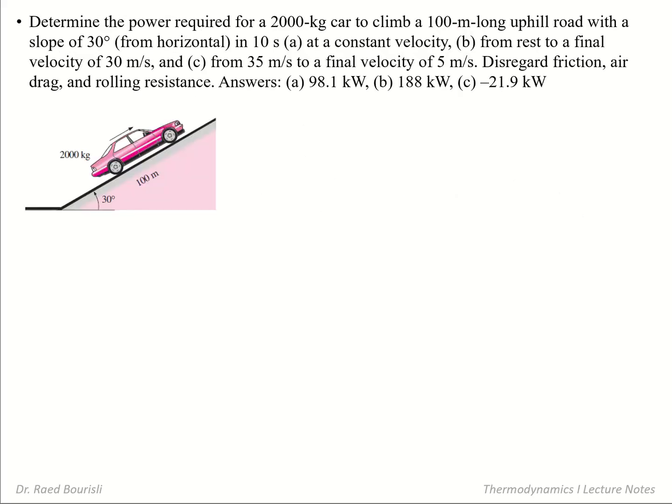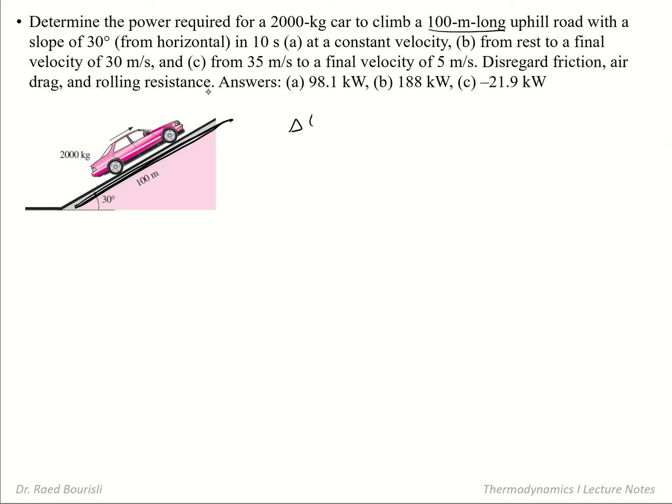Yeah, that's it. Let's turn to kinetic energy, for example, or potential energy, right? There's an angle. So you want to determine the power required for a 2000 kilogram car to climb a 100 meter long uphill, in 10 seconds.